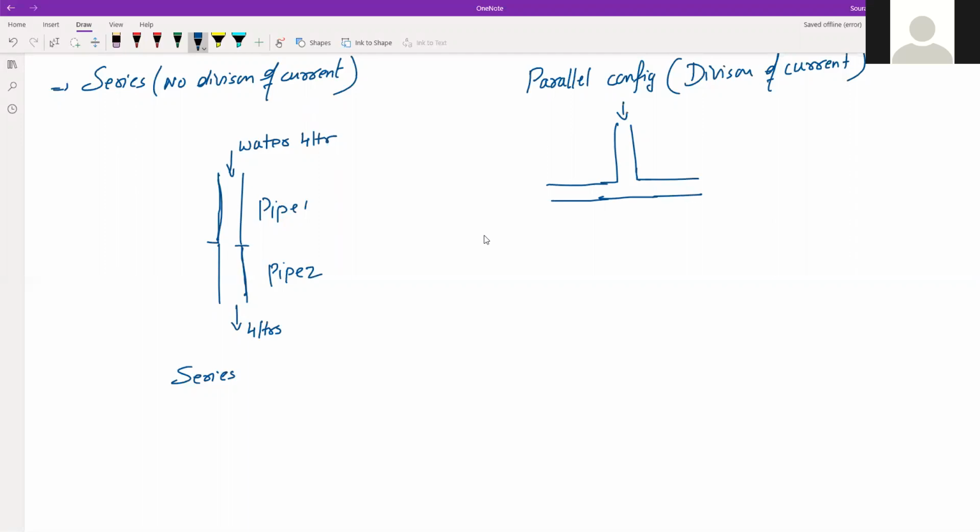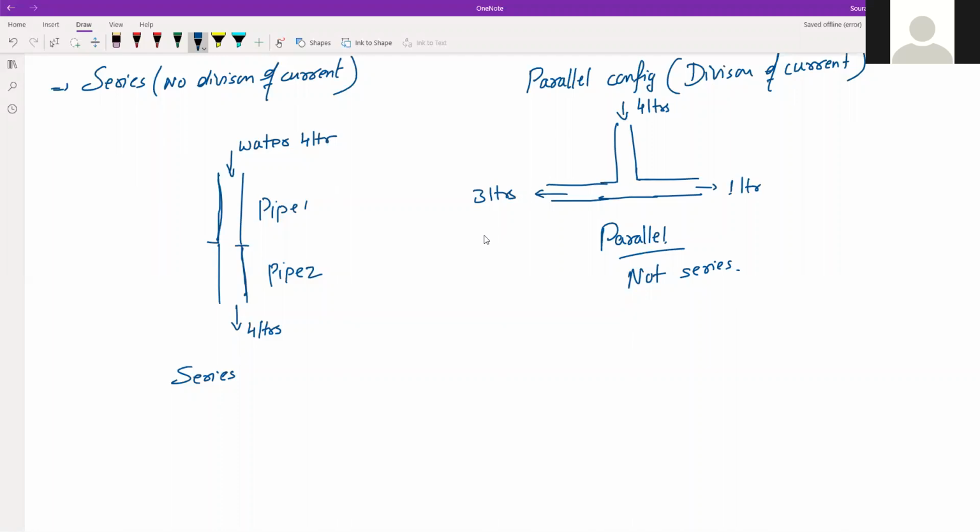Suppose you enter 4 liters and here you get only 1 liter. That means here you will get 3 liters. This is called parallel, or you can say not series. That is the basic difference between parallel and series.